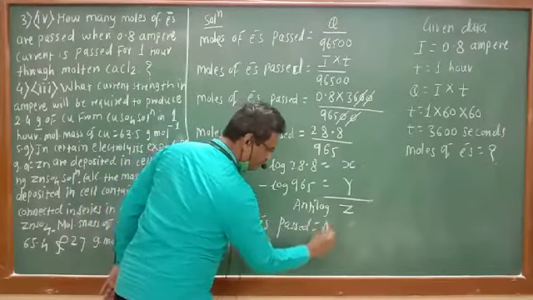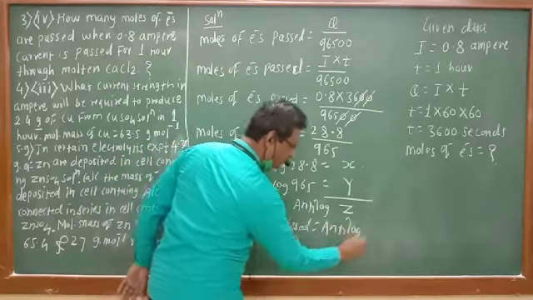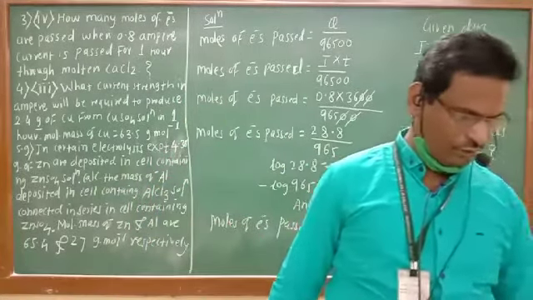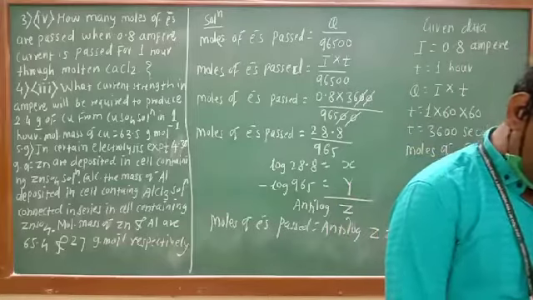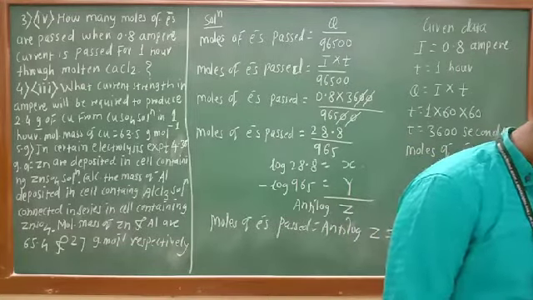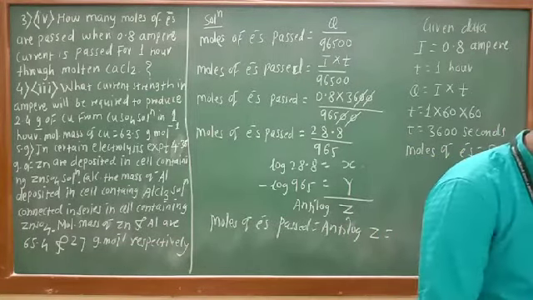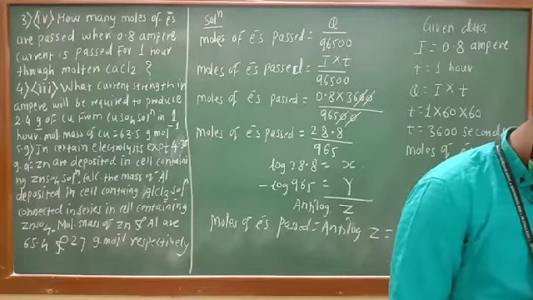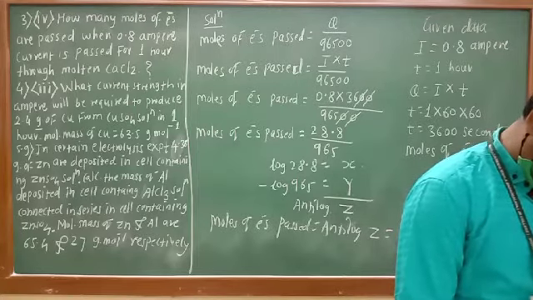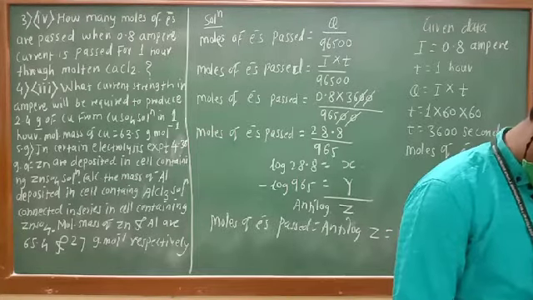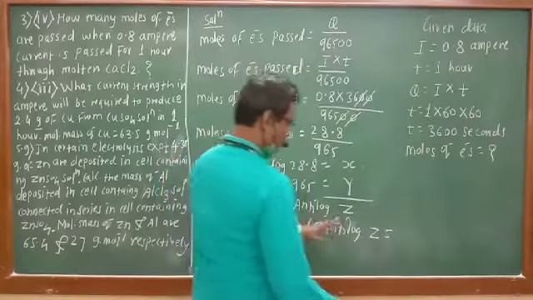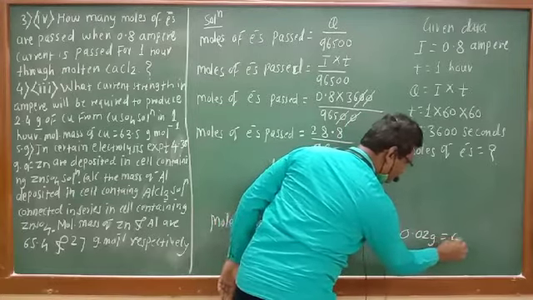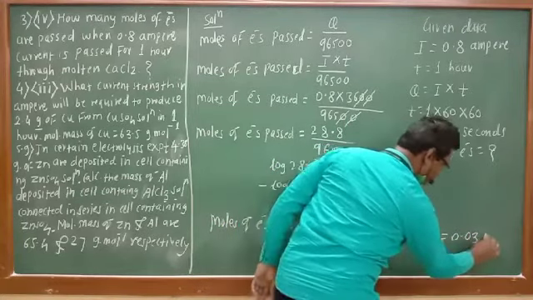I am telling you the answer: because I have calculated how many moles of electrons are coming, the anti-log of this z must come equal to 0.029, or that is considered as 0.03 moles.